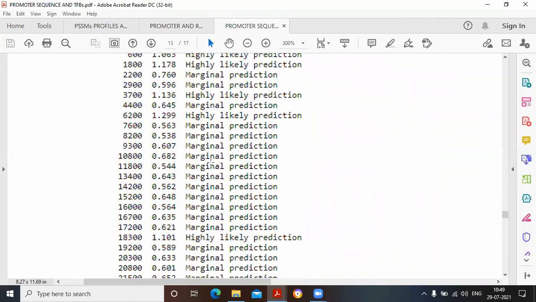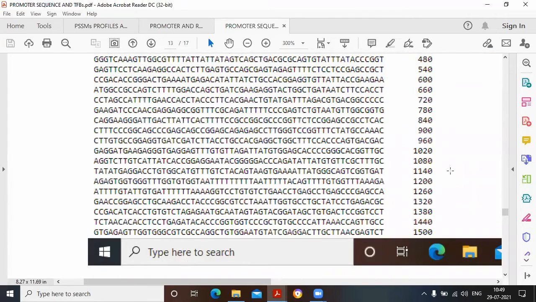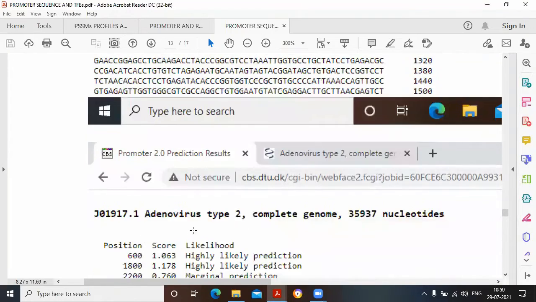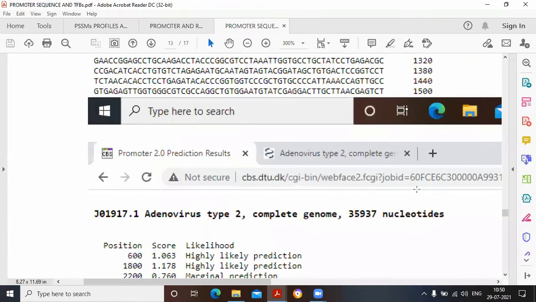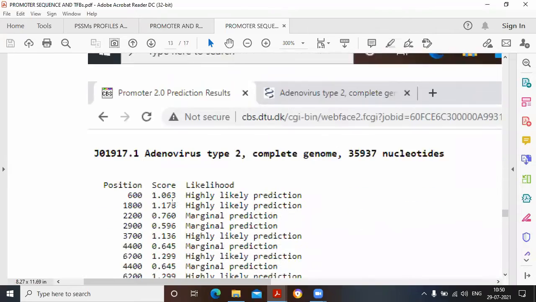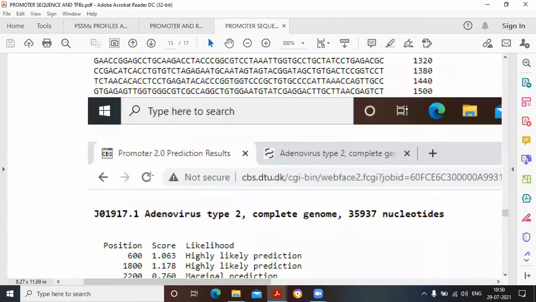If you want to find out the highly likely prediction at the 1,800 position, you can go back. I have not taken a screenshot of that, but whatever the result is, it is given here.